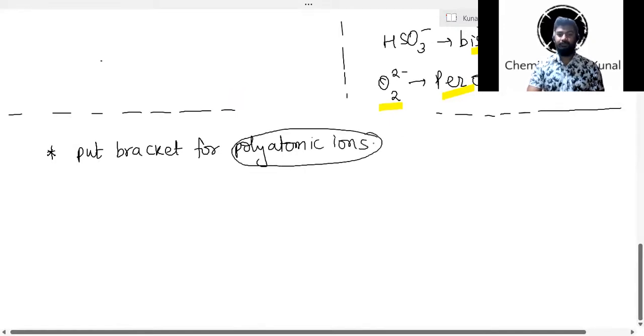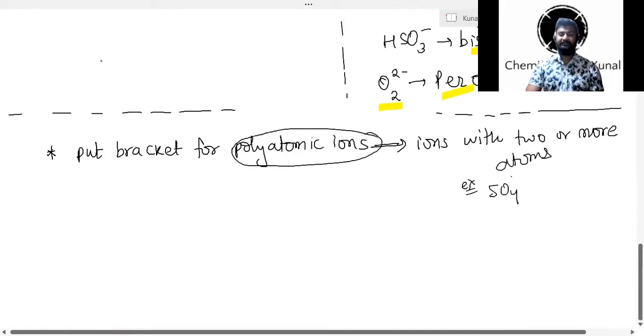For those who don't know, polyatomic ions are ions with two or more atoms present. For example, sulfate, nitrate. For them, always put brackets. It's a crime if you don't put brackets. I'll show you why.